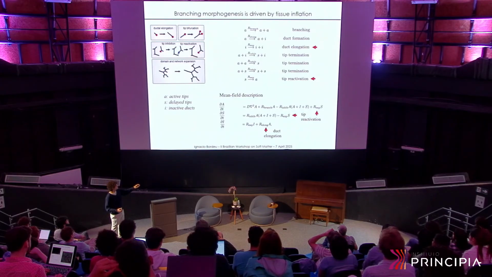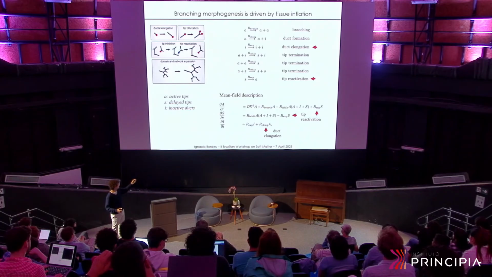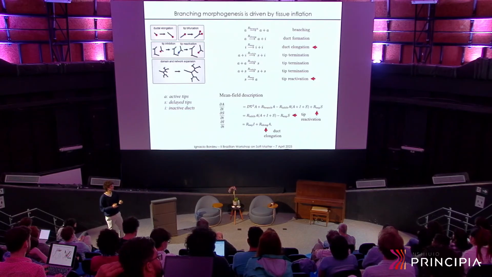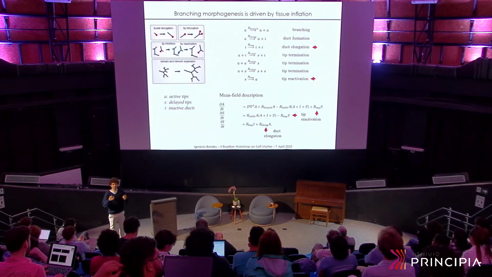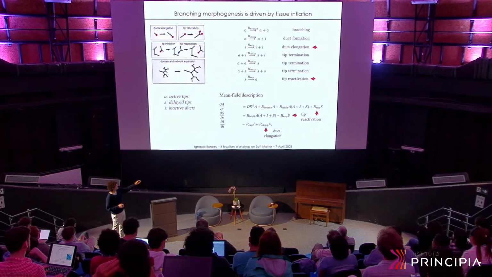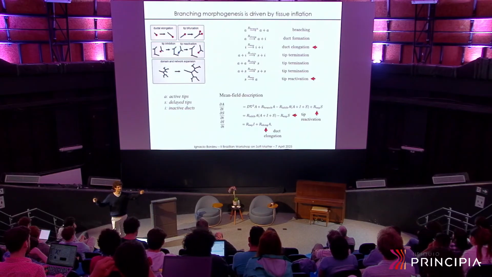So we have altered our rates. We have now 3 equations for the concentration of active, arrested, if you want, and inactive tips.